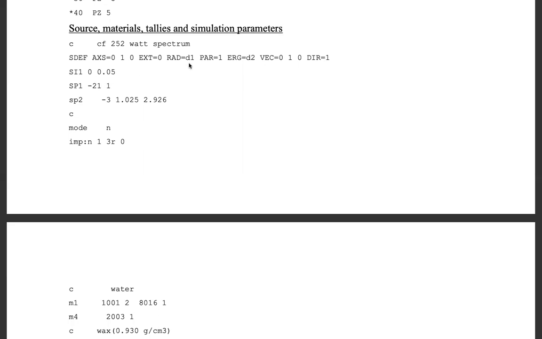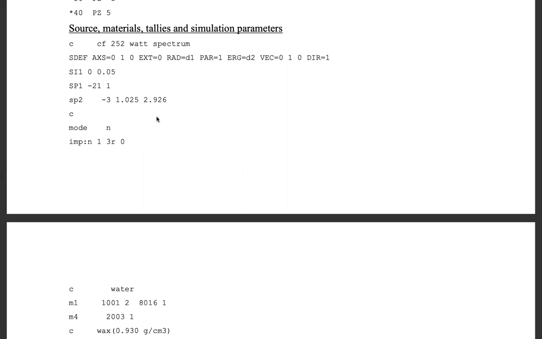The distribution 1 for radius is going between 0 and 0.05 centimeters, and this is a parabolic distribution profile, I think. Please go and check it. So you can distribute things linearly. You can define a PDF, CDF, a histogram, or a parabolic distribution. And I think I put a parabolic.